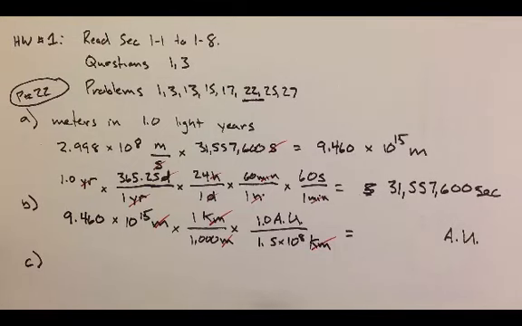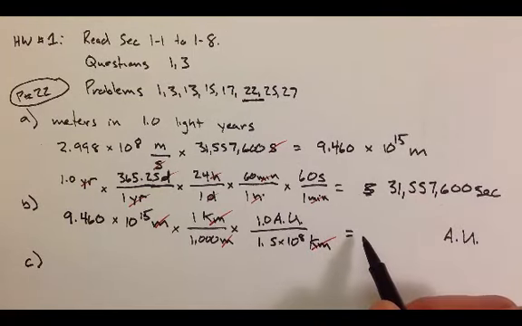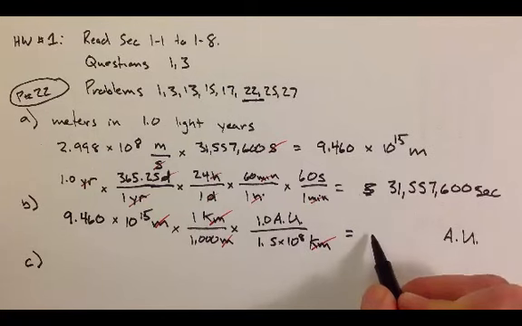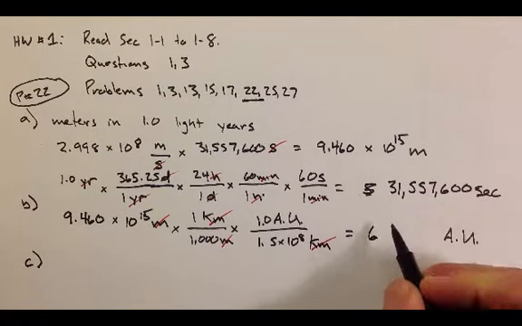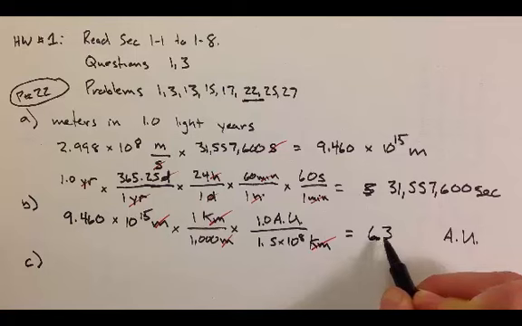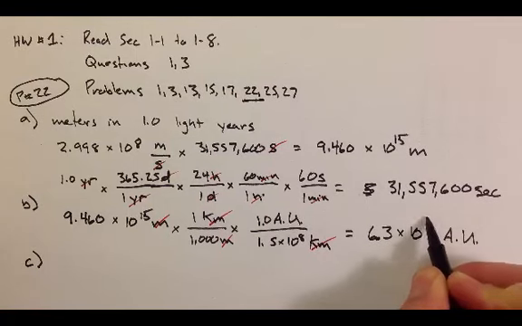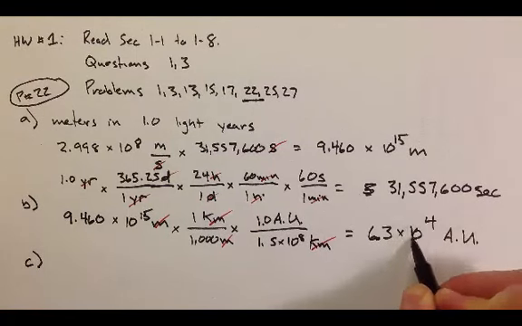And I'm left with the unit I do want, astronomical units. I would then type into my calculator this number, divided by this number, divided by that number, and I would get here 6.3 times 10 to the 4th astronomical units.